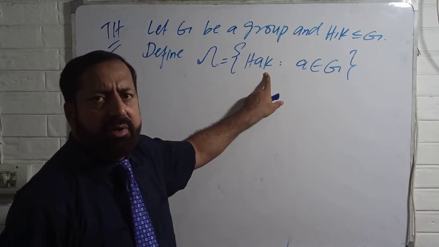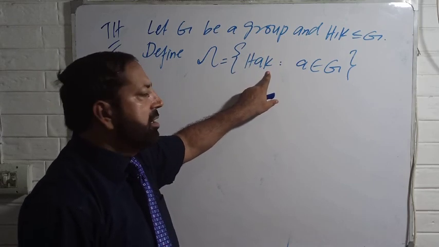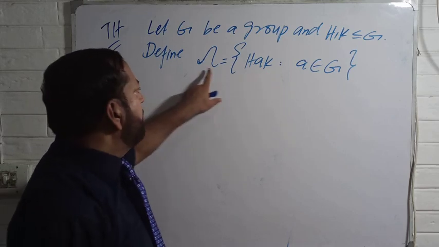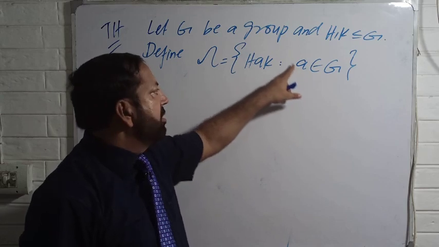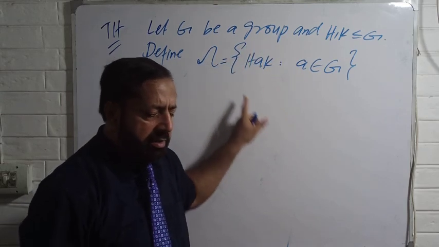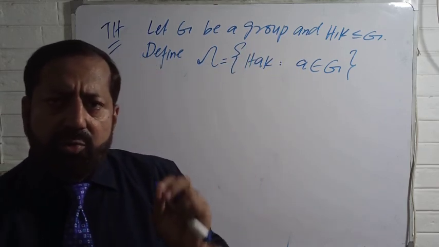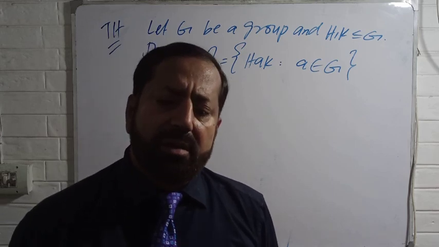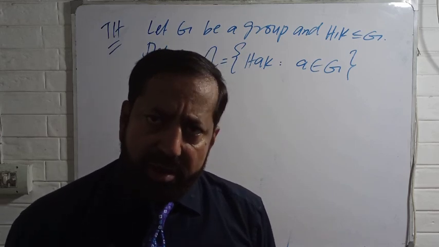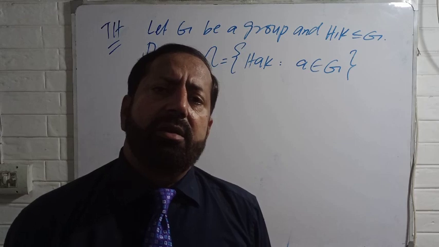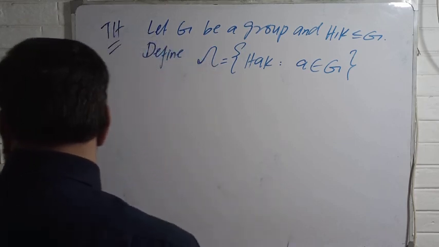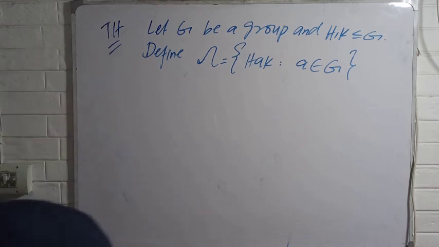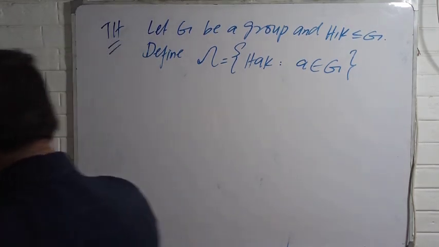This is some arbitrary double coset HAK. So I want to show that omega is a partition of G, meaning to say that the elements in omega are disjoint, and their union is the entire G, right? So the theorem is very simple.